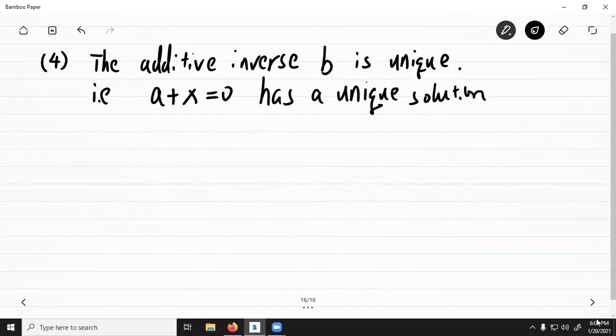Because you add A, then it becomes the additive identity, right? So that also means you proved this equation has a unique solution, right?